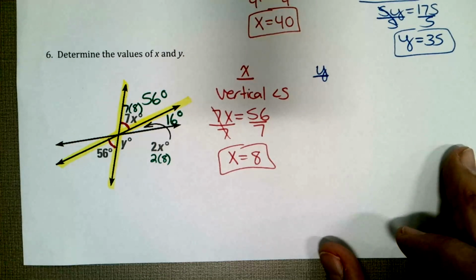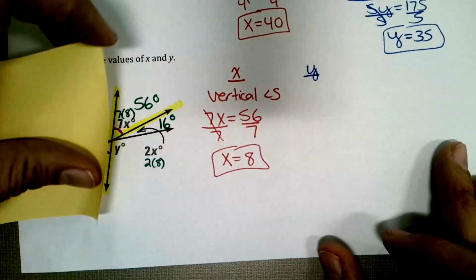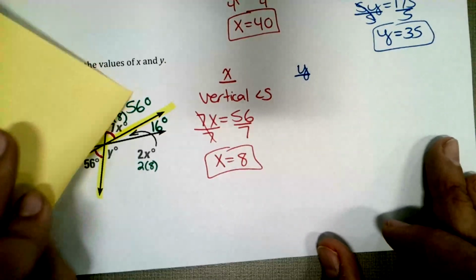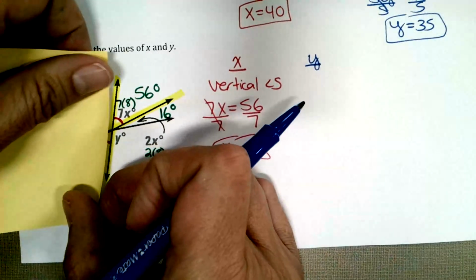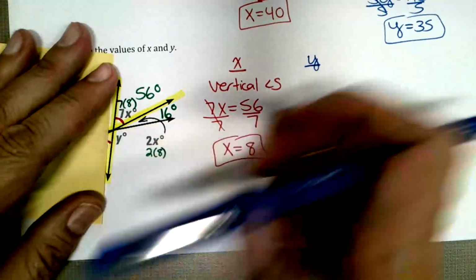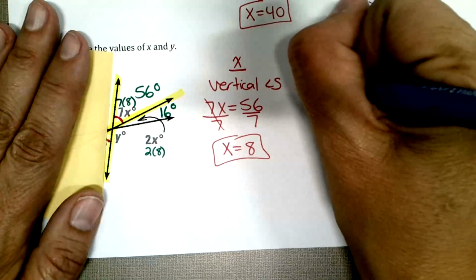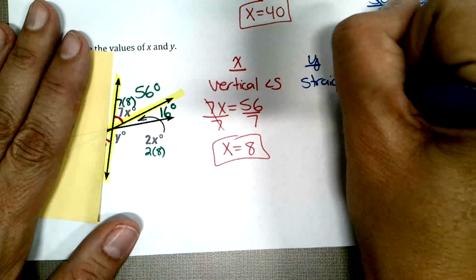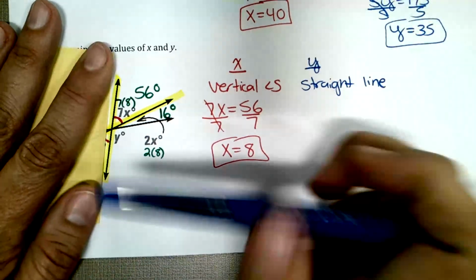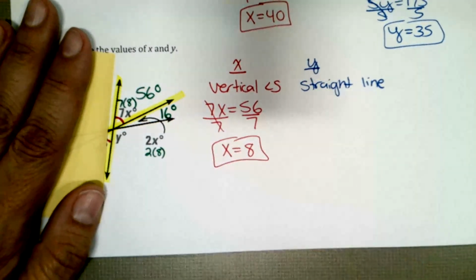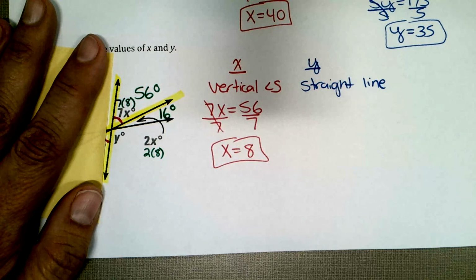Now when I go to look for y, I'm not going to call it a linear pair because I have a straight line, but I have 3 angles, 1, 2, and 3. A linear pair implies only 2. But it's a straight line, so it's a straight angle, and I still have to get to 180 degrees.